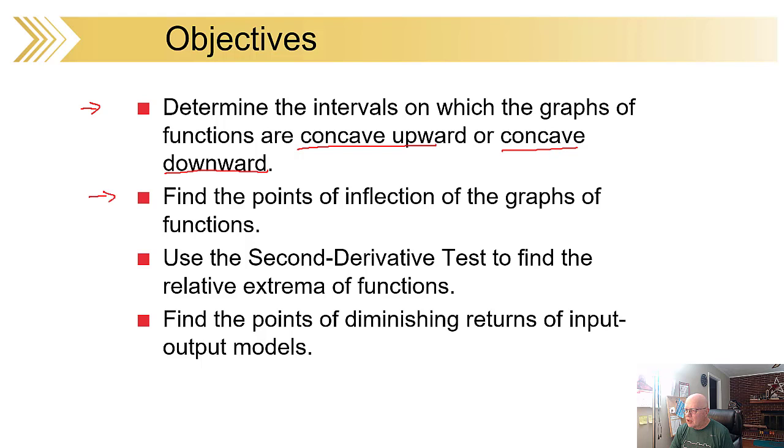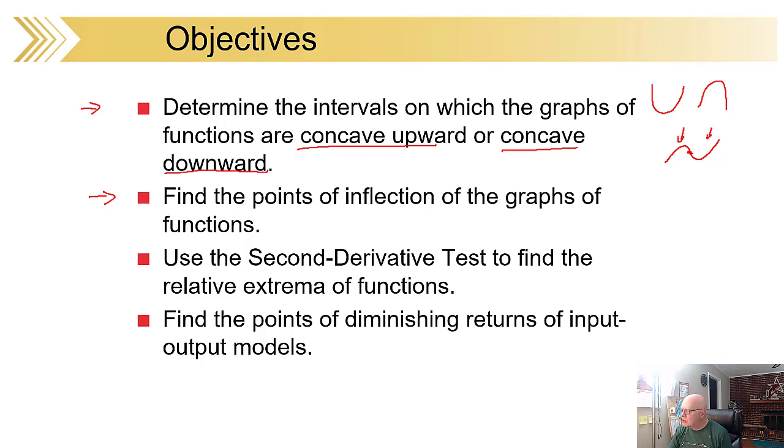Second of all, points of inflection, and as a quick note, that means when it goes from being curved like this to curved like that, or vice versa. The place where it switches from going up to going down is a place like this. On this side, it's curved downward. On this side, it's curved upward, open upward.